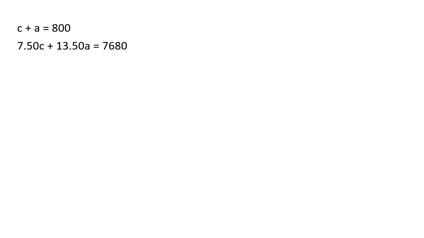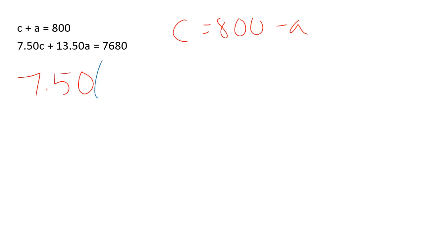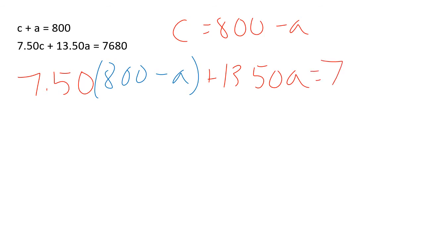So let's go ahead and do that. As we recall from the page before, we have C equals 800 minus A. Now I'm going to take my additional equation here, 7.50, and instead of C, I'm going to put in 800 minus A, and then write the rest of my equation, plus 13.50A equals 7,680.